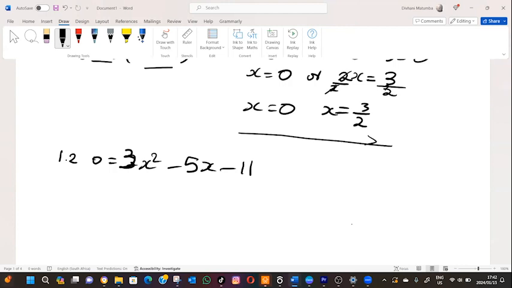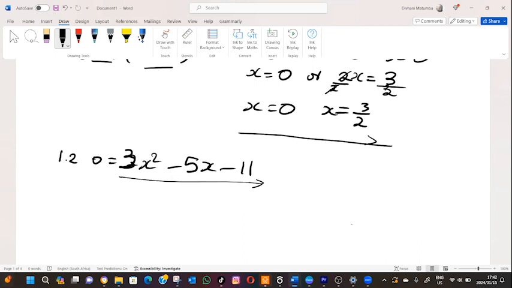Now, to get the solutions of this equation, there's different ways to do it. But the quickest way to find the roots of an equation is to use the quadratic formula.